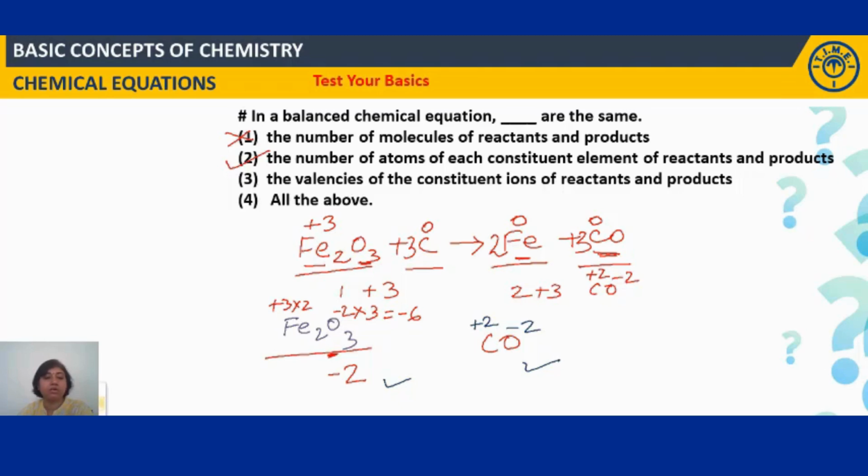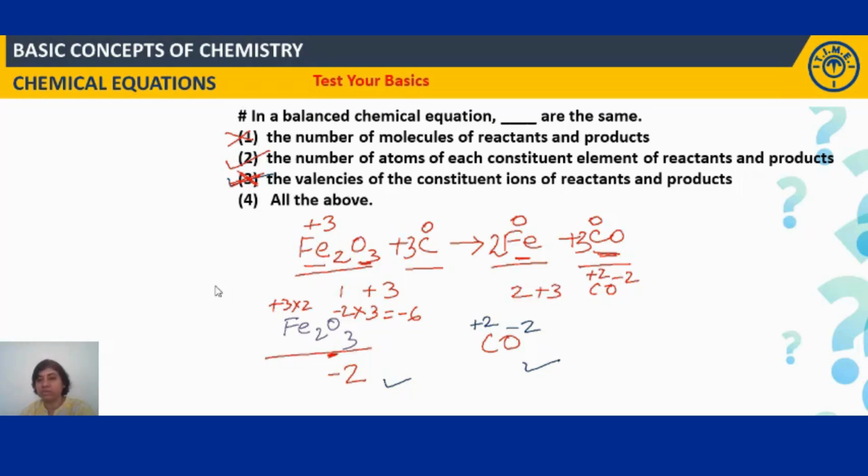Okay, now we will look at the other options. Valencies of the constituent ions of the reactants and products in a balanced chemical equation. So this may change or may not change, or may be same or may not be same. So we cannot say they are the same. So that is wrong. We will consider it a wrong option because it is not written as may change or may not, it is written are the same.